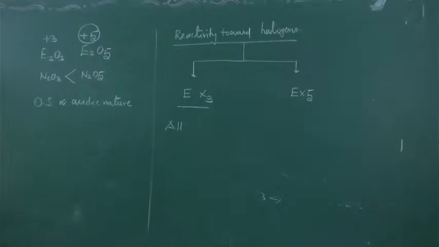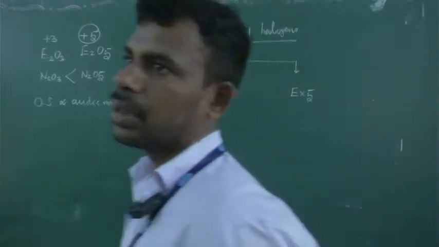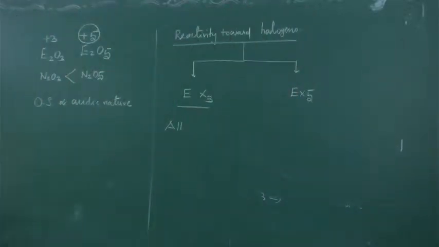All trihalides of group 15 elements are stable, except what? Which element has the anomalous property? Nitrogen. Is it clear? Except trihalides of nitrogen.